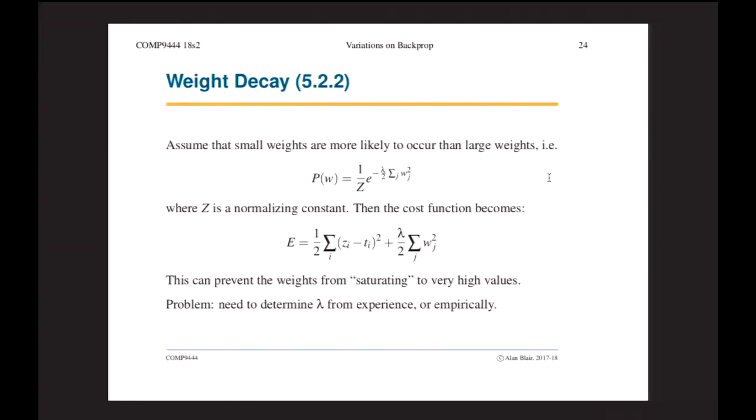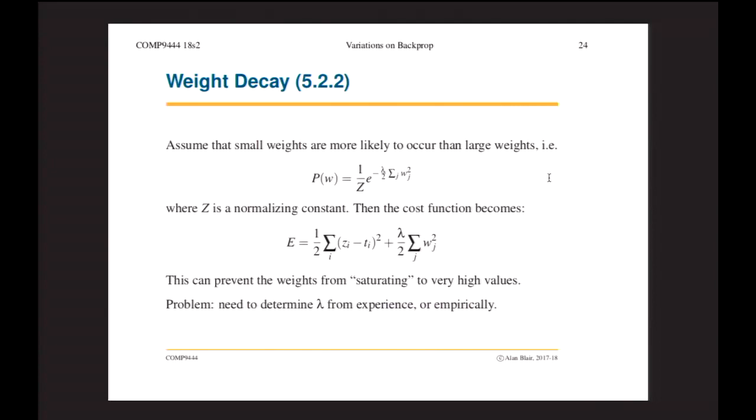We say that before we've seen any data at all, we assume that the likelihood of a particular set of weights is a product of a Gaussian distribution on every weight: e to the minus lambda over 2 times the sum over j of w_j squared.